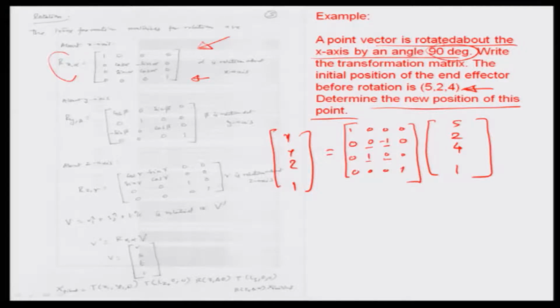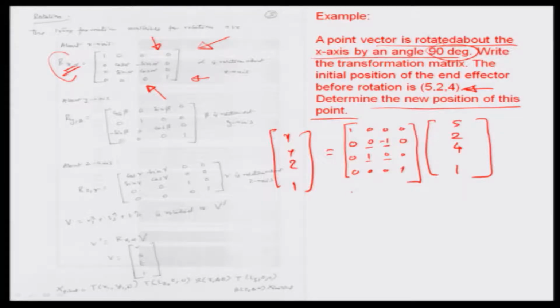If you look at how the transformation matrix has been given for rotation about the x axis, it is represented here. I am not going into the detail of how to prove these, because they have been extensively done in the CAD part of the course, which was manufacturing systems technology part 1.